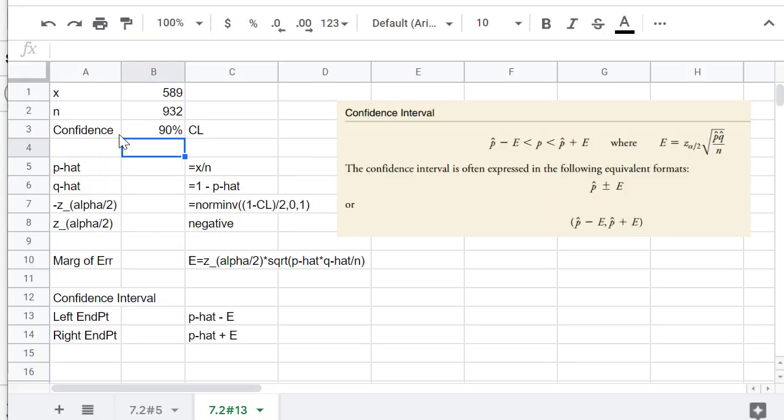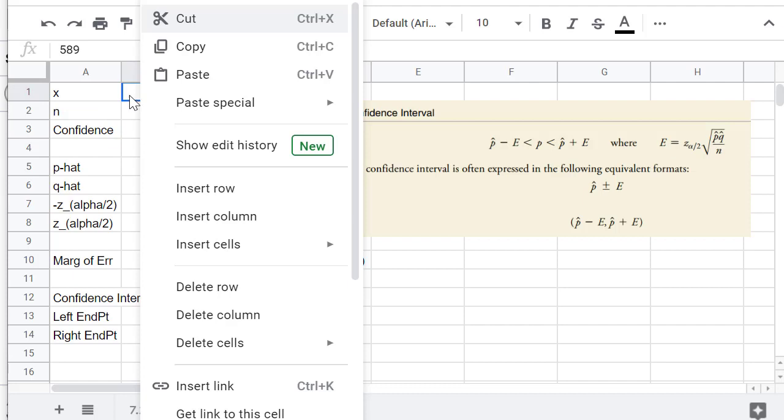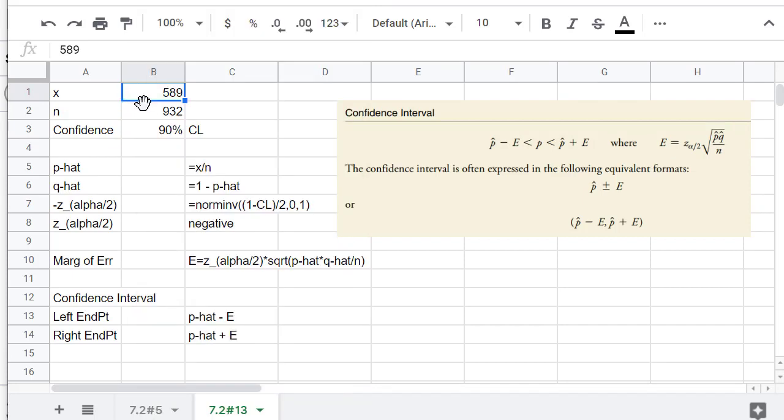I have all the data set up here in the Google Sheets form. We have our X value and our N value, and we also have our confidence level. This is the formula that's found in the book, so we will go ahead and use that formula. Our P hat is given by X over N, so let us just say equals, and then I'll click on the X value divided by the N value.